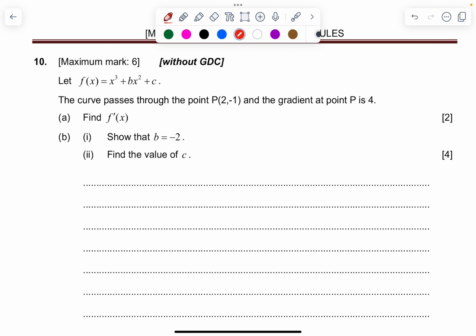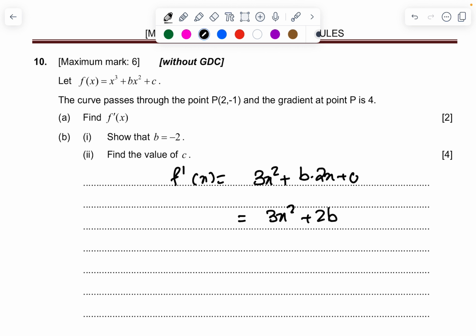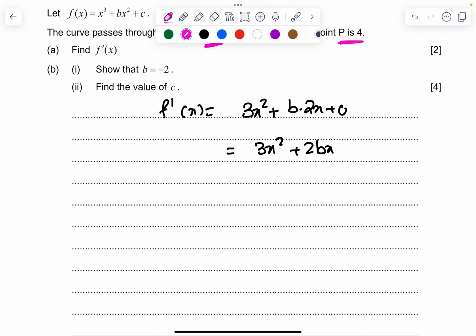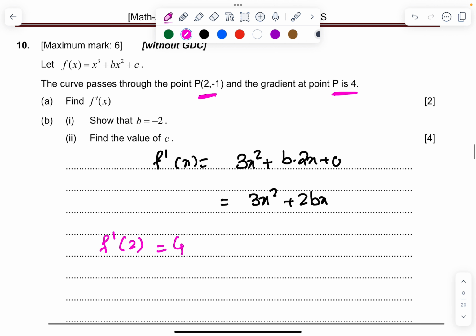Question number 10. F of x is given. What is f prime x? F prime x is going to be 3x square plus b times 2x plus 0, which is 3x square plus 2bx. Then the curve passes through the point 2, negative 1 and gradient is 4. Gradient is 4 means f prime of 2 should be equal to 4.